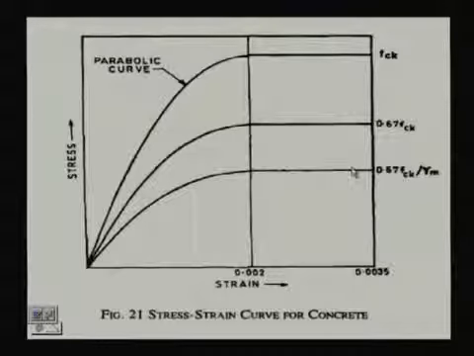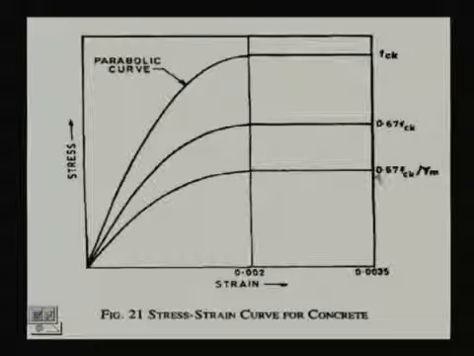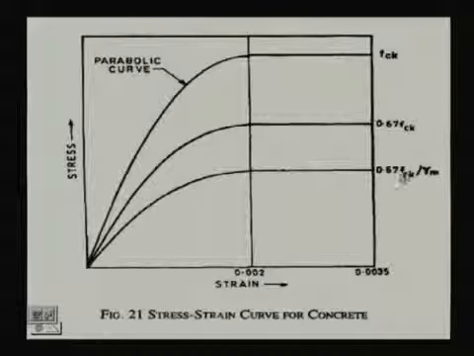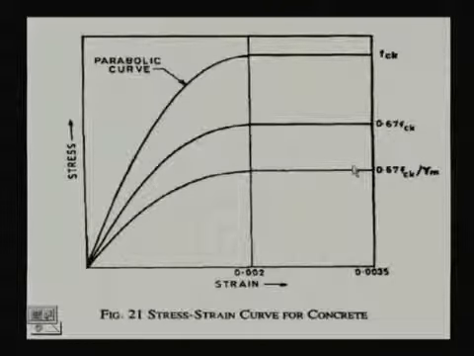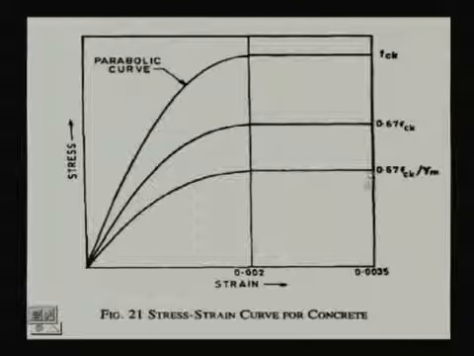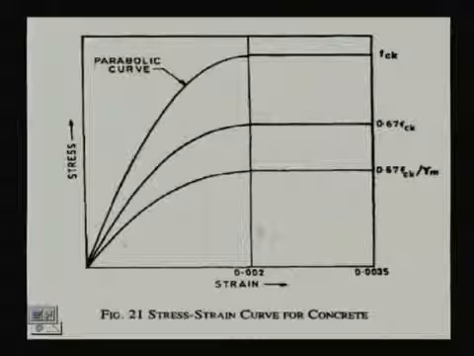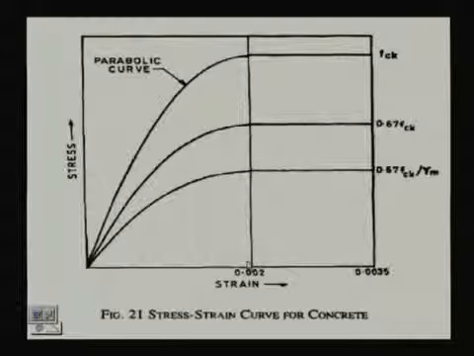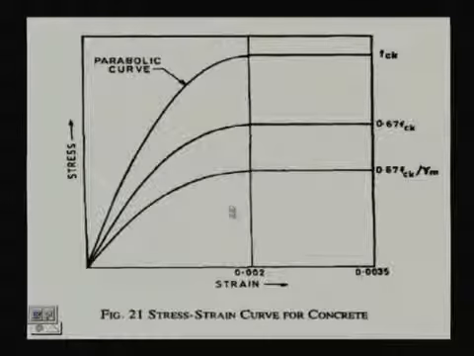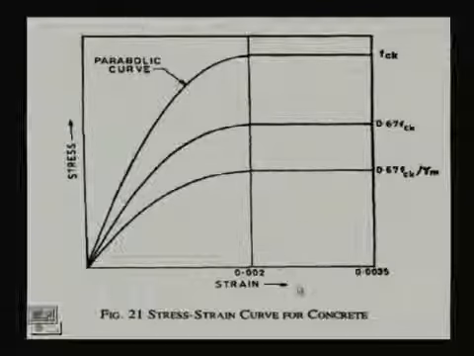Beyond that, we get constant stress in concrete, which comes as 0.45 fck. For the portion less than 0.002 strain, we shall get a parabolic curve, from which we can get the corresponding stress, because we have to find out the stress.